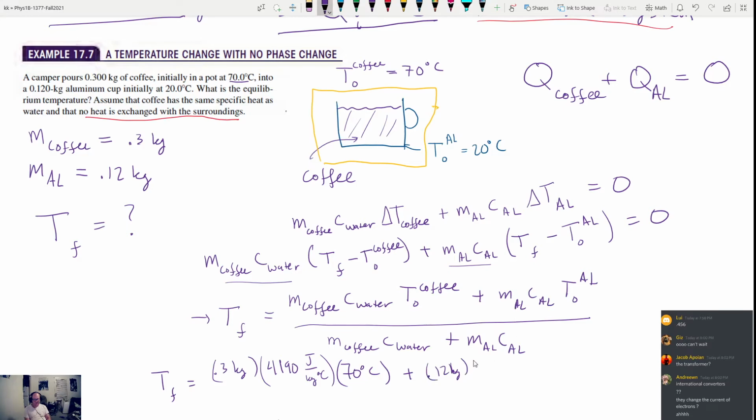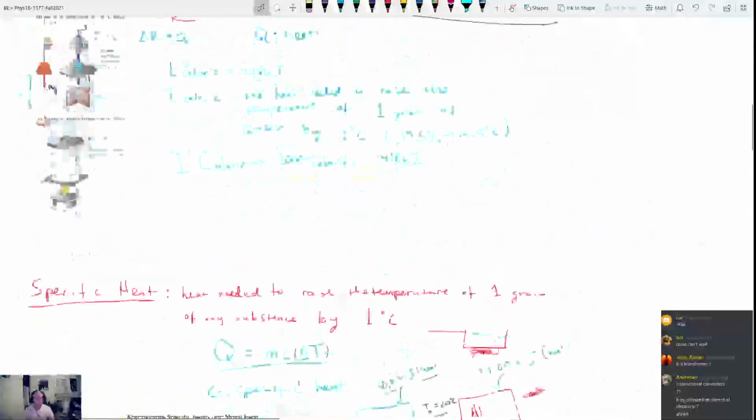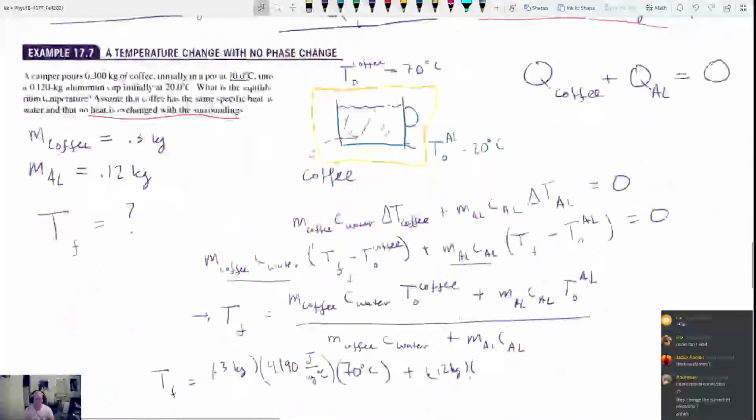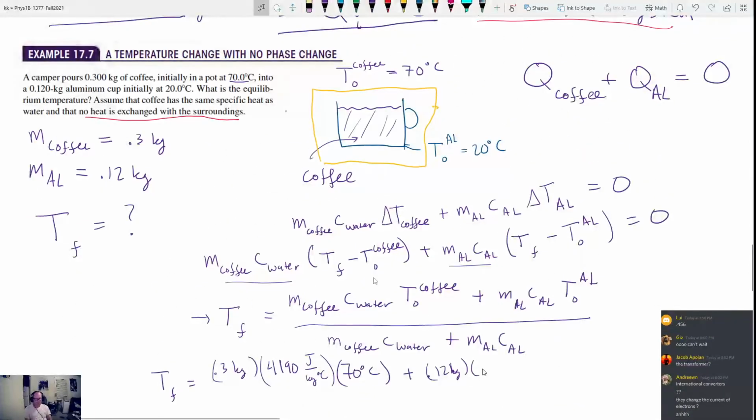And then specific heat of aluminum, it's not given, so we're going to have to look it up in a table. I think it was 910. Yep, 910 right here. Multiply that by the initial temperature of the aluminum, which is 20 degrees Celsius.